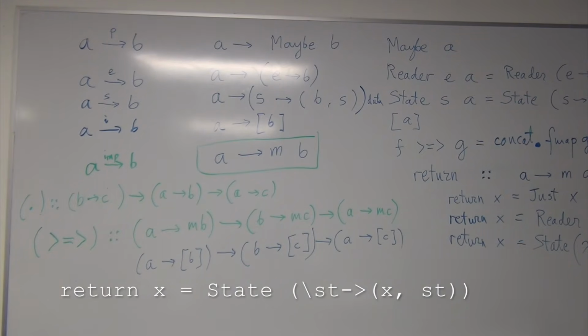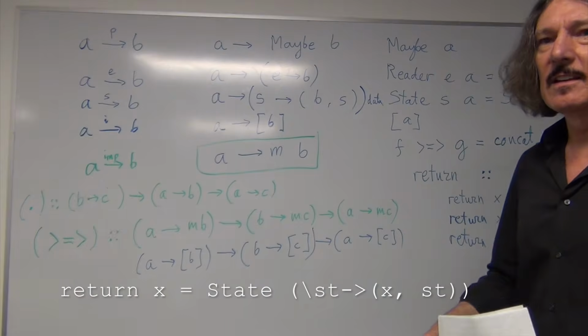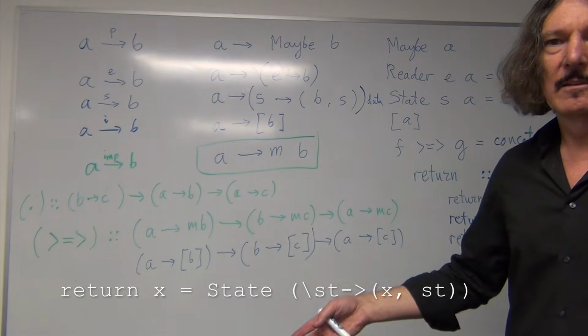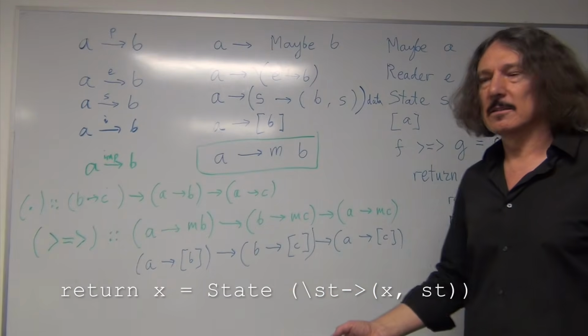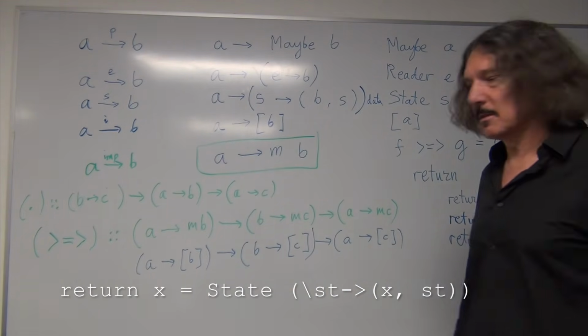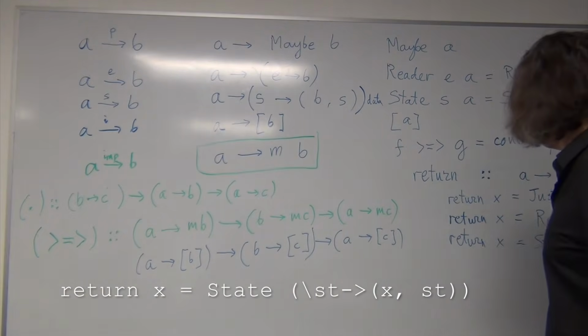We don't have anything else, so we have to put x here, and we return the same state, right? So it's a function that takes a state and just returns it back, doesn't modify it. It's unmodified state, just paired with the value that we want.